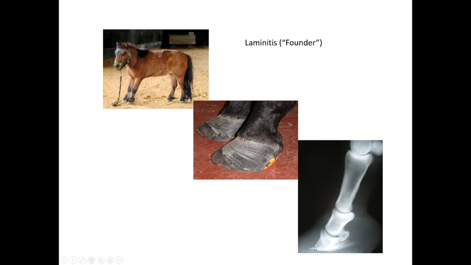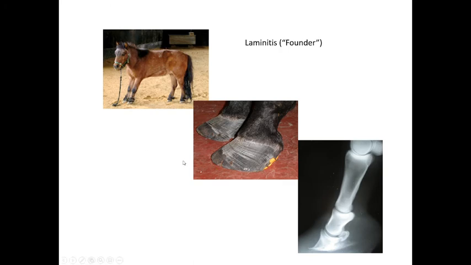So this is the start of inflammation of the bone. We have bone spicules growing off of the bone in odd ways. Eventually this will get so swollen that the bone will start to rotate, and it will rotate downward as they put pressure down. The bone will actually eventually come out of the bottom sole, and that's a euthanasia.